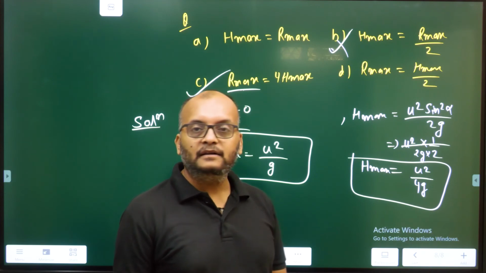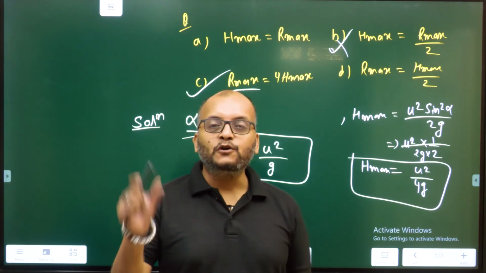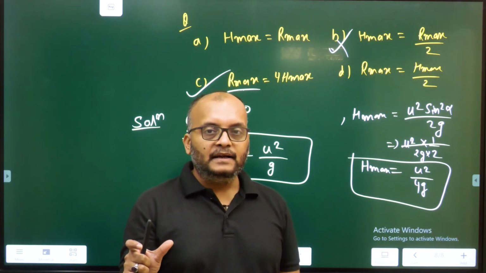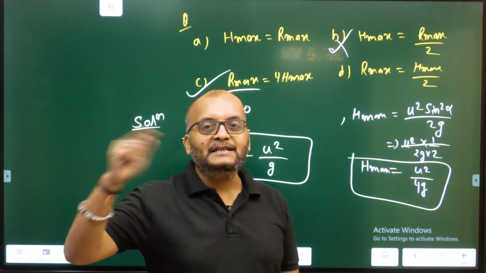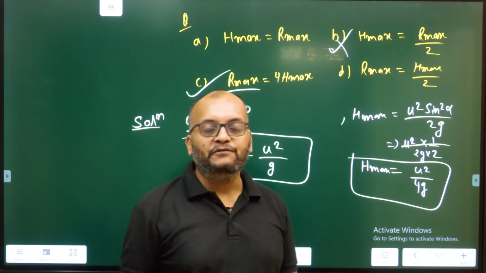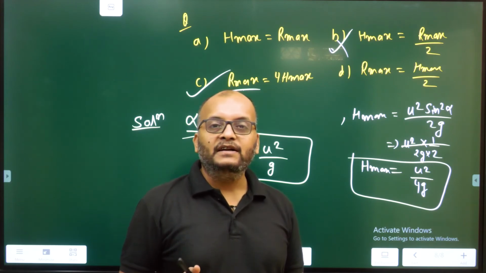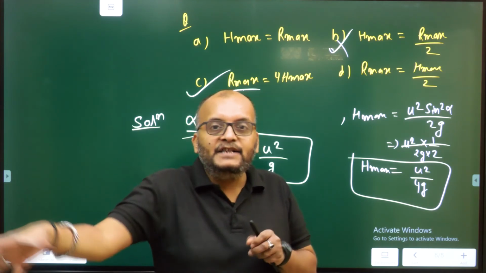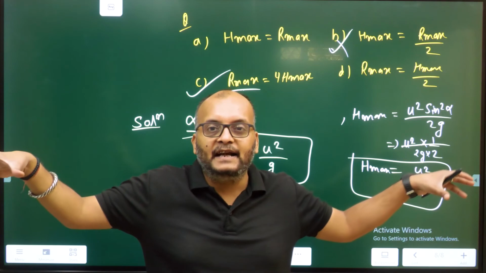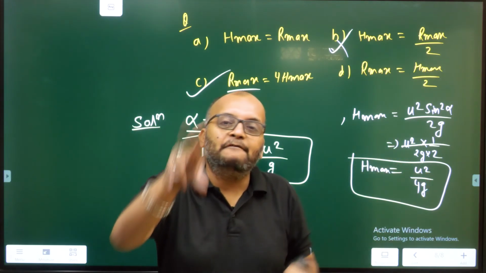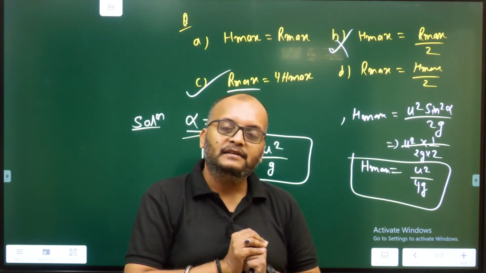Yes. So you are talking about one projectile, projected with an angle of 45 degrees, and you are calculating range and height of the same projectile. So how can that projectile have two angles of projection?